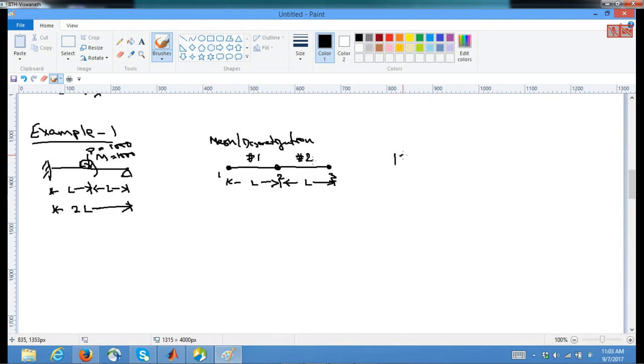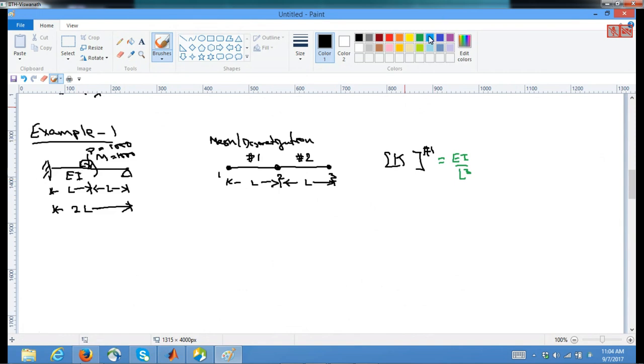We know that the K for element 1 is given by EI by L cube. Let's say the bending stiffness, or the flexural rigidity, of the entire beam is EI.